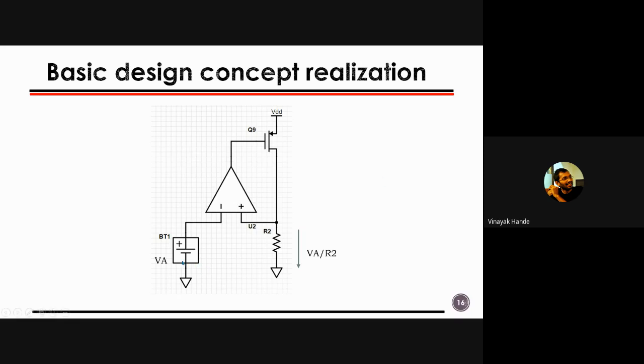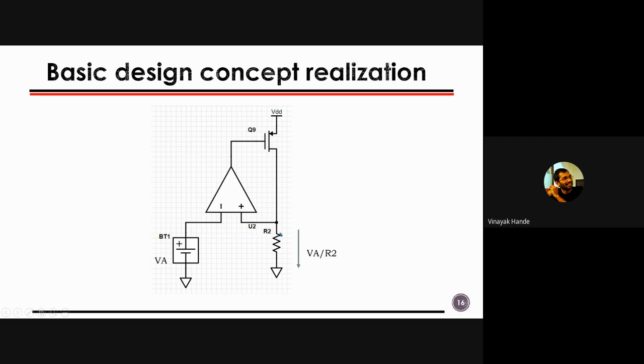For converting the voltage into current, I have used an operational amplifier and a voltage controlled current source, that is a MOSFET. Assuming the op amp has a very large open loop gain, and we are operating at a very low frequency, this voltage will be VA.